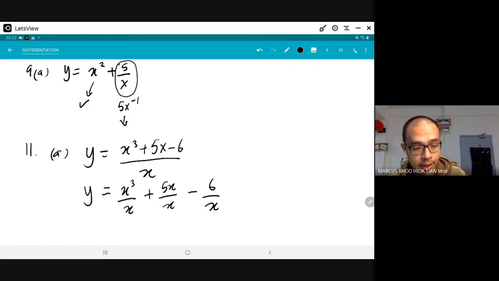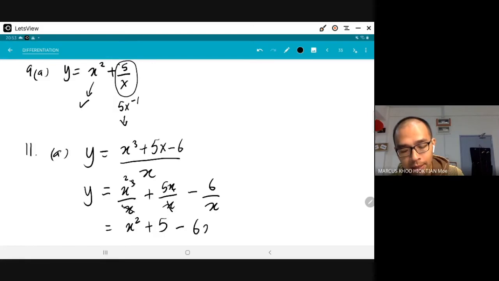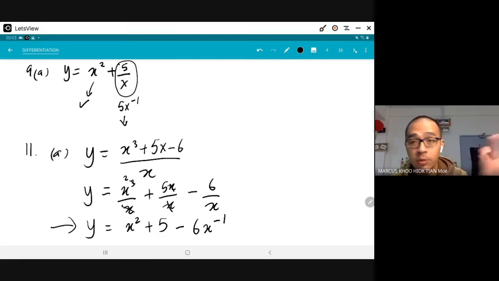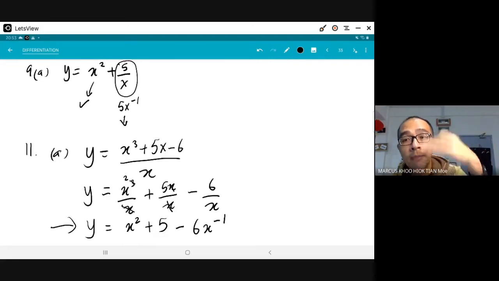This will be x to the power of 2, this is power 3, this cancels. This x and x will become just 5, because the 1 will cancel. And then the minus 6 over x, you can bring it up to become minus 6x to the power of minus 1. Then you can differentiate this. This is still the original function, people. I have not differentiated yet. You know that you have differentiated when all the powers have been brought down by 1. But as long as the powers are still like this, not yet brought down by 1, it has not been differentiated.